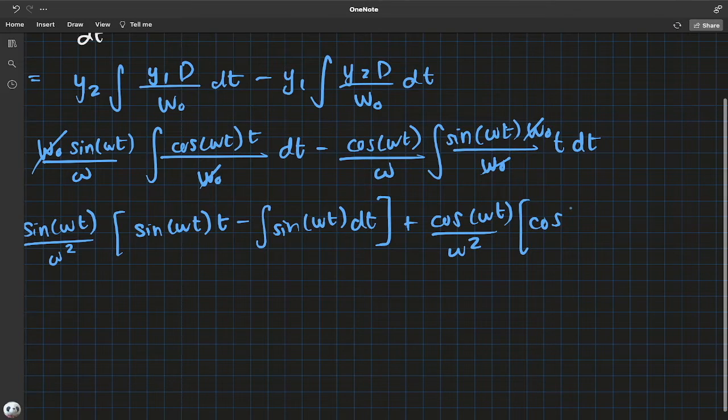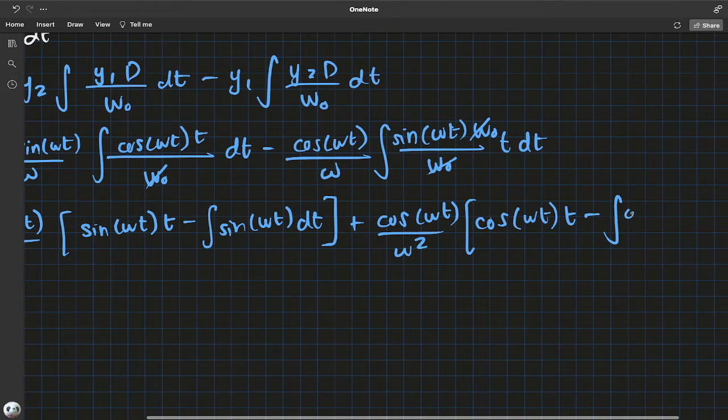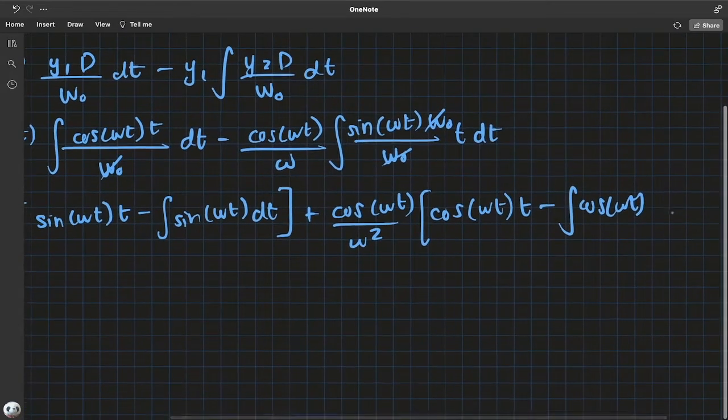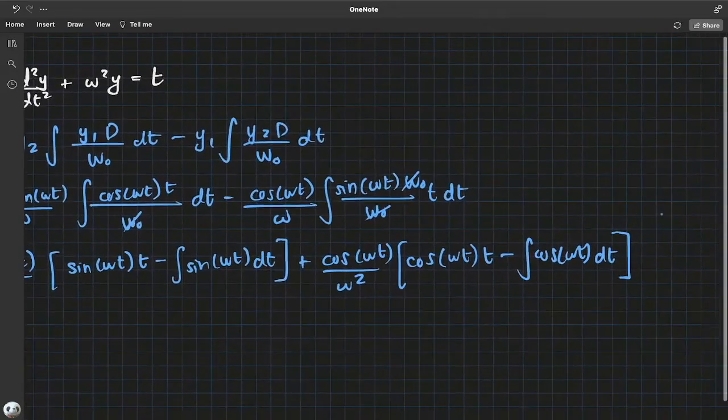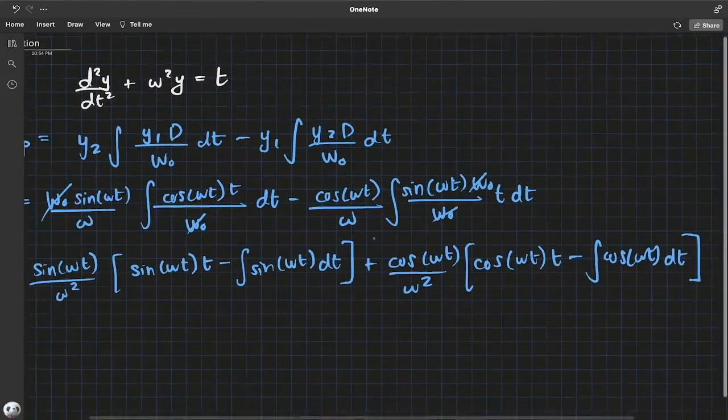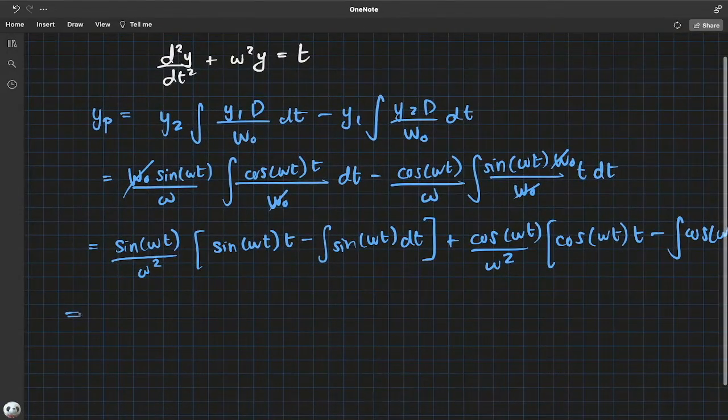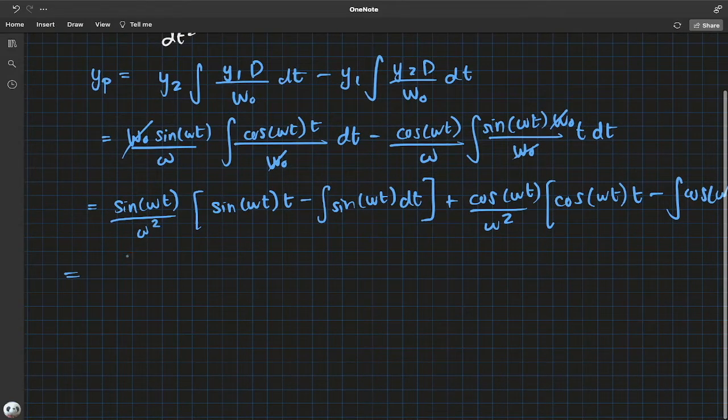Cosine omega t times t minus integral of cosine omega t dt. So this is certainly a big expression, but don't worry, it will simplify. That's probably why I chose such a simple drive.